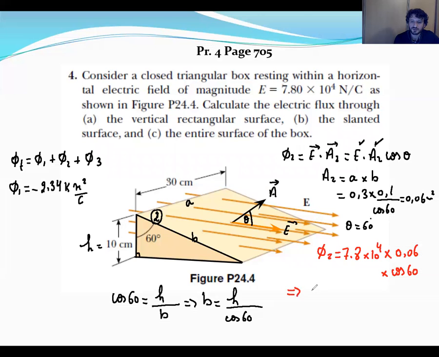So phi 2 equals plus 2.34 K, kilo Newton meter square over Coulomb. This is phi 2.